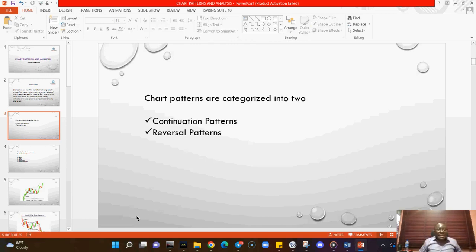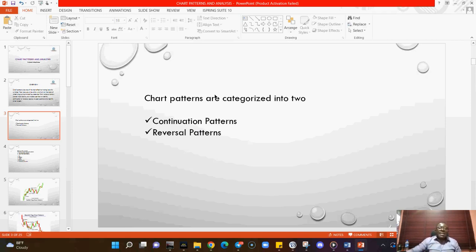Whereas the reversal patterns will show you at the truncation of the trend, when the trend is about to end. When the trend is ended, there are patterns that you are going to see in the market. So the market is very, very transparent. It shows you exactly what it wants to do.